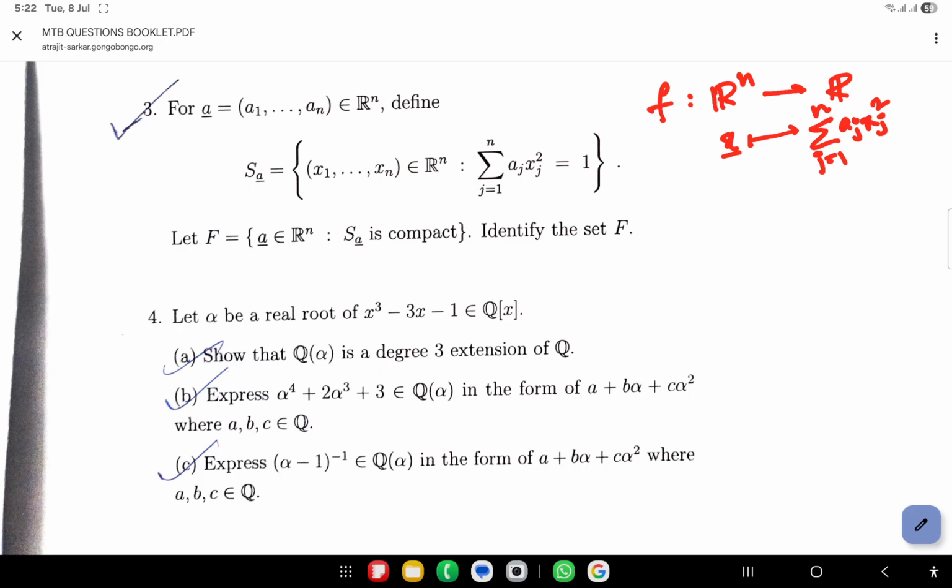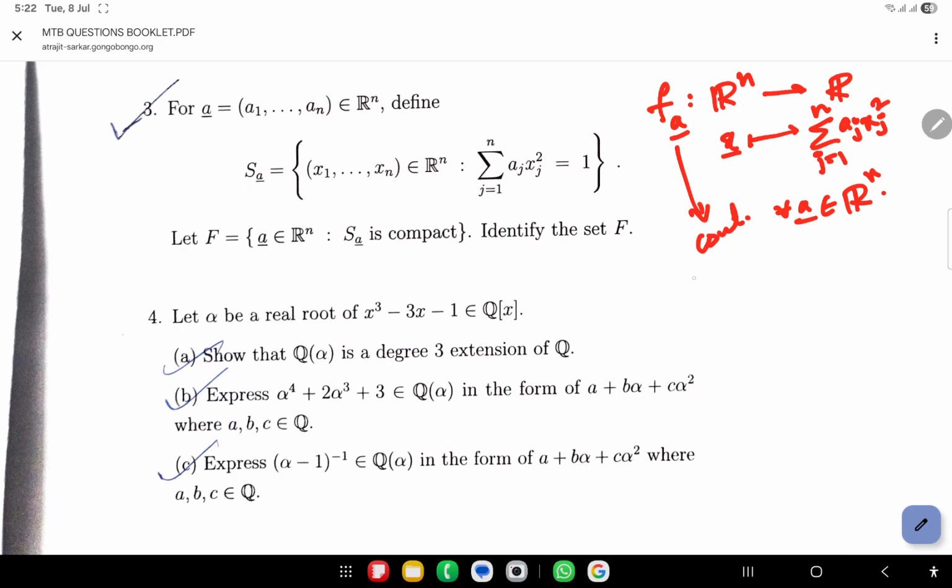So for every a, you can say this is f of a under bar. So this is always a continuous function, for all a bar belonging to Rn.